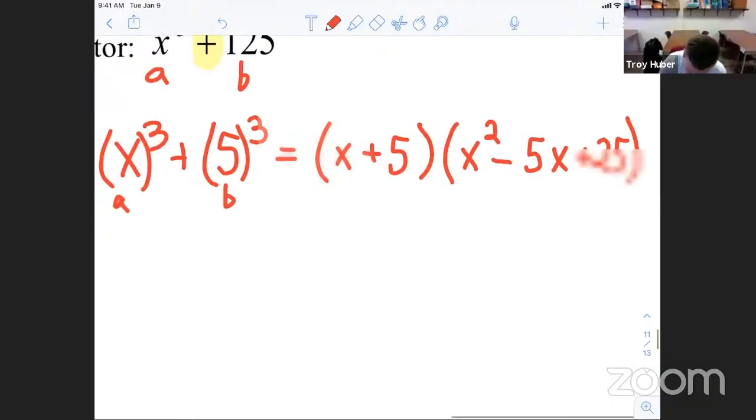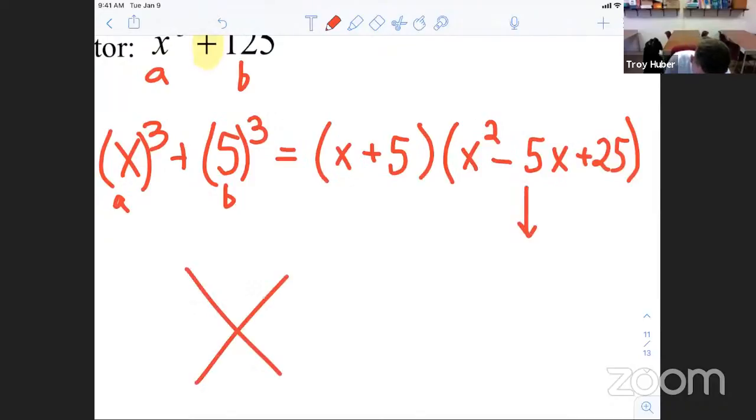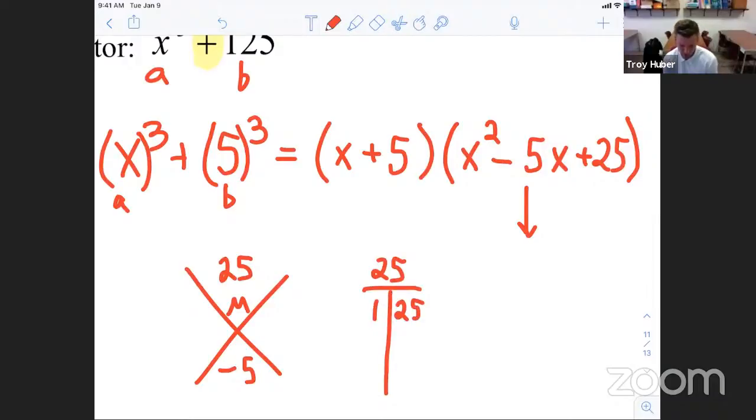So let's just see if this factors any further. We would want to multiply to 25 and add to -5. Okay, so factors of 25, we have 1 times 25, 2 doesn't work, 3 doesn't work, 4 doesn't work, 5 times 5.